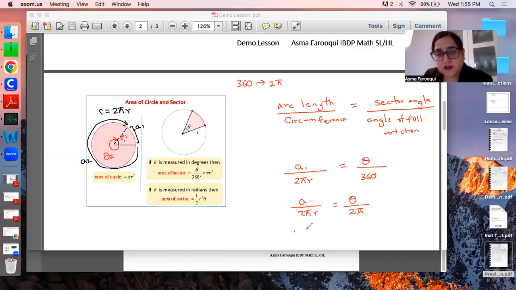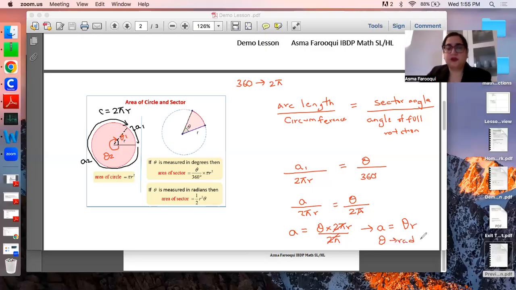So A is equal to theta, 2 pi r will go to the other side. It will be multiplied here, 2 pi r divided by 2 pi. Now 2 pi and 2 pi can cancel out. So we're left with the formula. Arc length A is theta multiplied by the radius, where theta, please remember, is in radians.